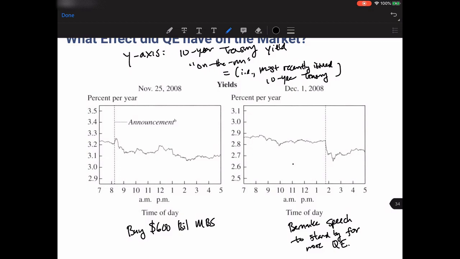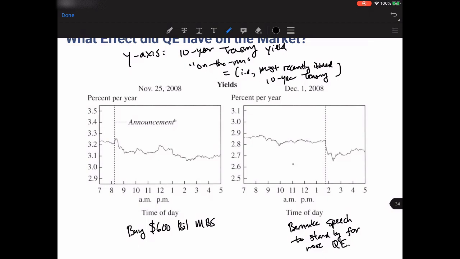If the central bank conveys accurate information relevant to expectations about the future economy, investors should incorporate it and adjust their portfolios.